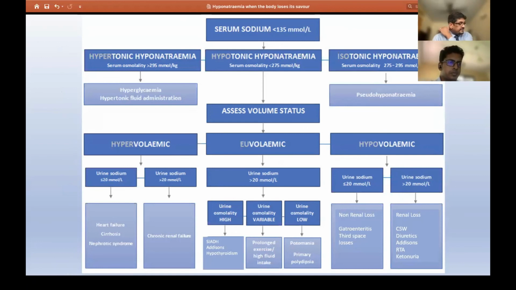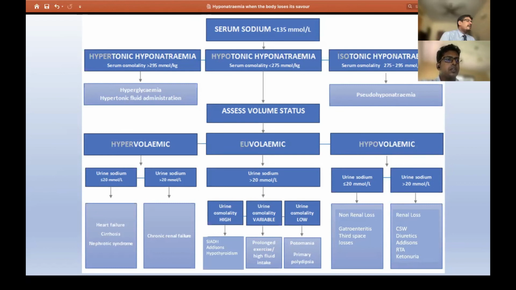Of course, patients with primary polydipsia may have an underlying psychiatric illness, which may point towards primary polydipsia. But as you can see, SIADH and primary polydipsia both have a euvolemic state, and the urine sodium levels will be higher.